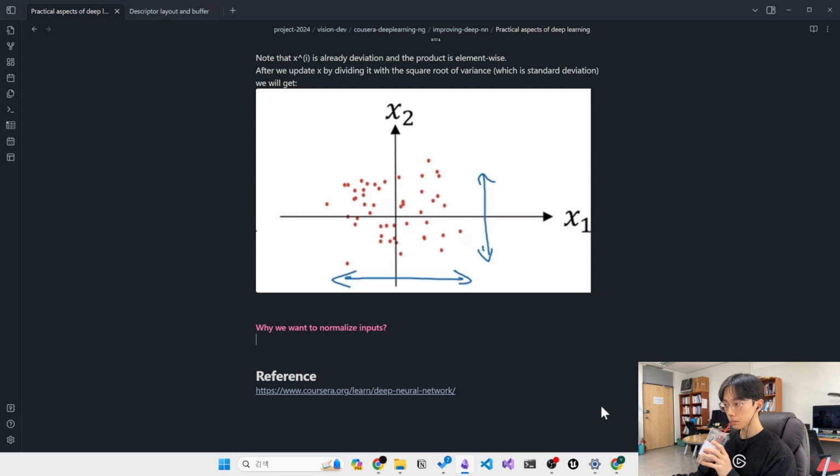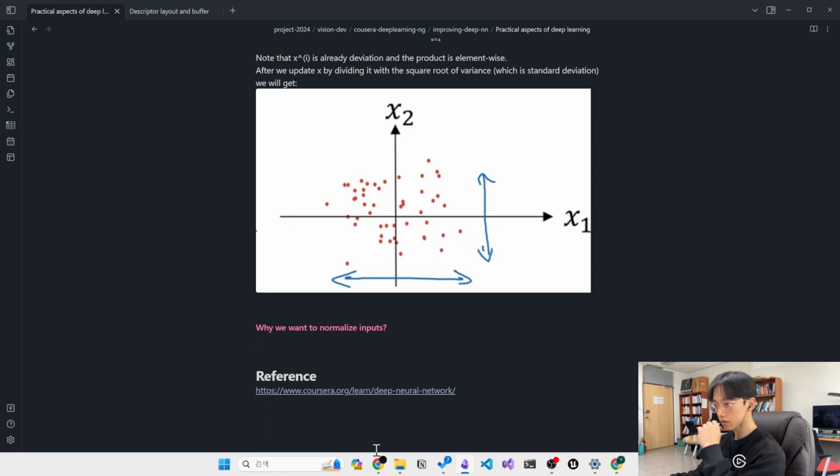But if your features are on very different scales, say the feature x1 ranges from 1 to 1000 and the feature x2 ranges from 0 to 1, then it turns out that the range of values for the parameters W1 and W2 will end up taking on very different values. And so maybe these axes should be W1 and W2, but for intuition, I'll plot W and B, but your cost function can be a very elongated bowl like that.